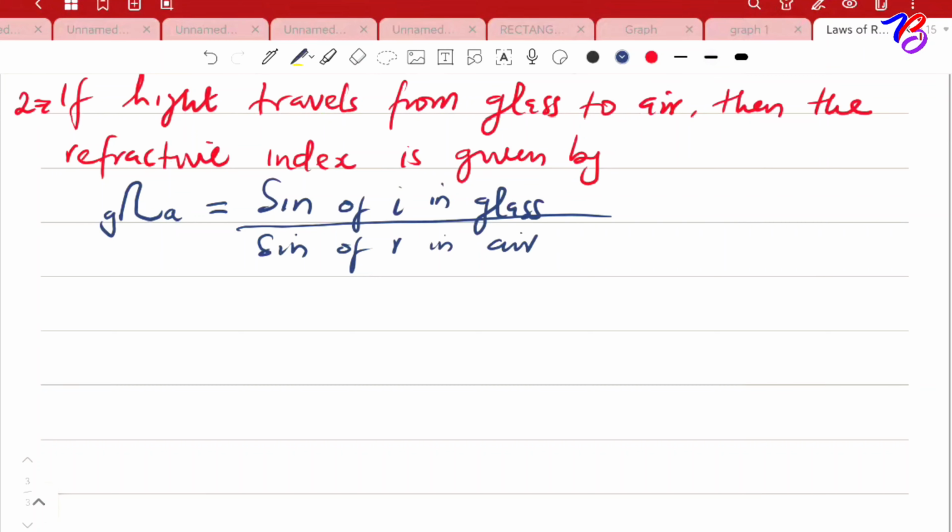Are you following? So if that's the case, this gives us a refractive index at the second instance.